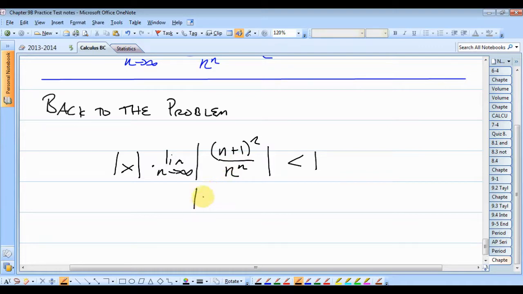So we get the absolute value of x times e. Actually, I'm going to make that e blue so you can see where it came from. Times e should be less than 1. Or the absolute value of x needs to be less than 1 over e. What's the radius?